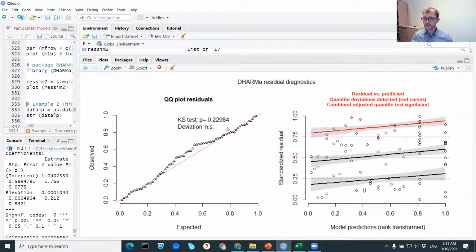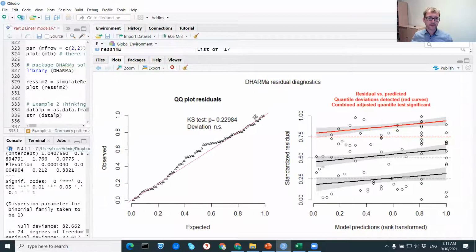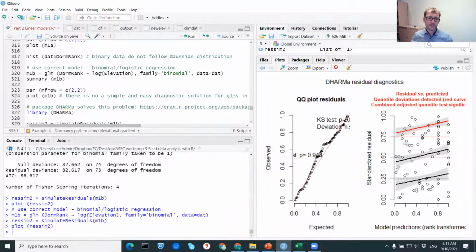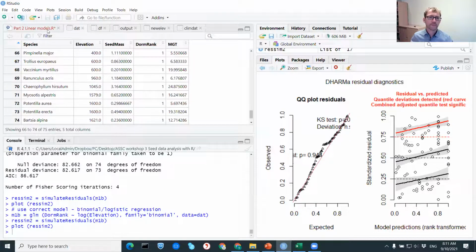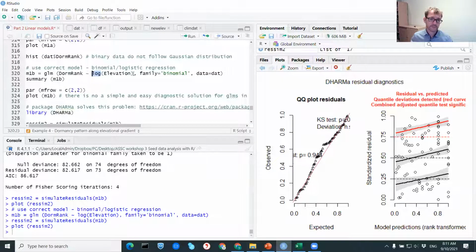It still doesn't really make it better, but this would be an option, just to play with the variables, try to transform them. So maybe it's not elevation, so let's take a look at what other data we have. It could be seed mass, right? Let's include it into the model.